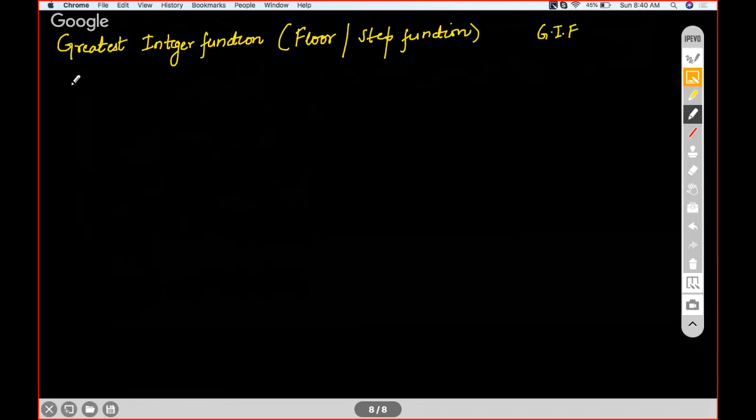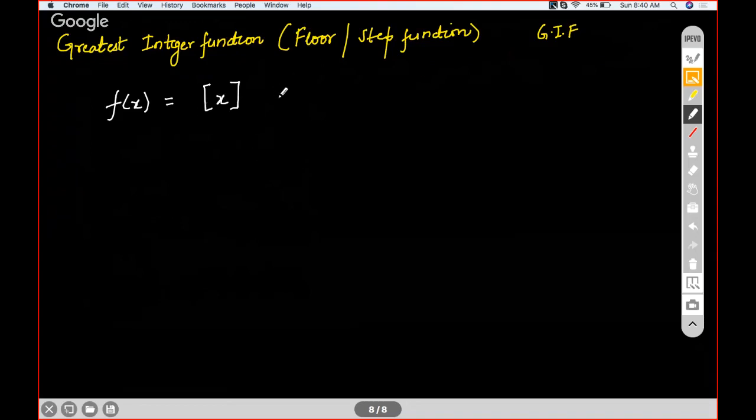First of all, what is this function all about? Let's understand the definition of this function. When you say f of x is the greatest integer function of x, it is first of all represented by a square bracket like this. Now that doesn't mean any square bracket that you will come across is a representation for GIF.